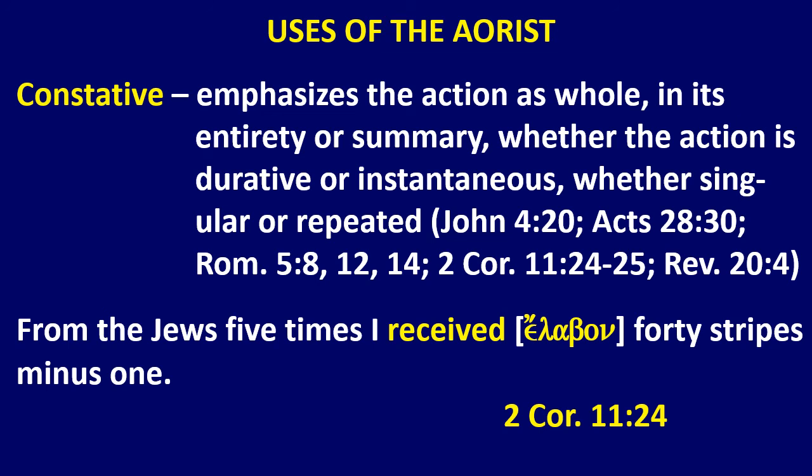And yet we know that the actions that occurred were by their nature in terms of action type repetitive. You don't get 39 lashes unless it was a repetitive event. Plus it occurred on five separate occasions. And so it's important that we distinguish here again the aspect from the action type.